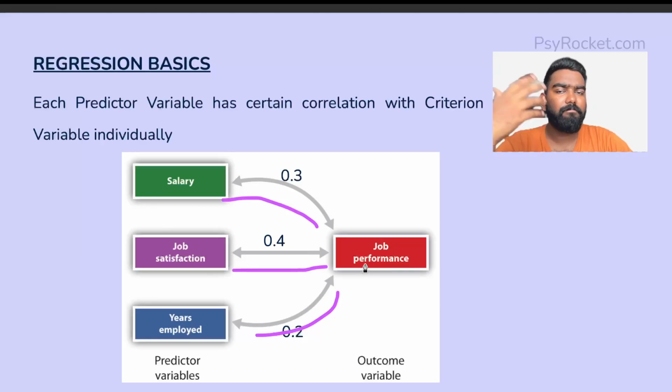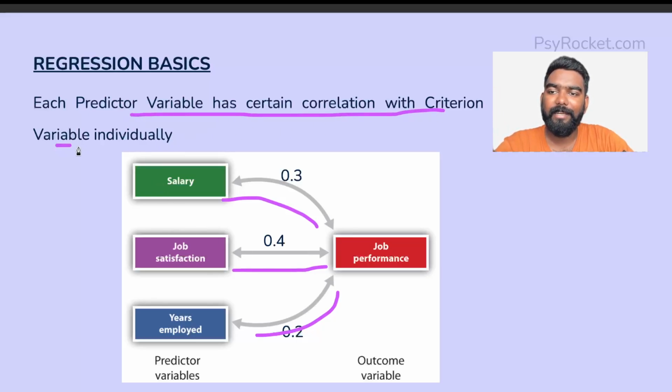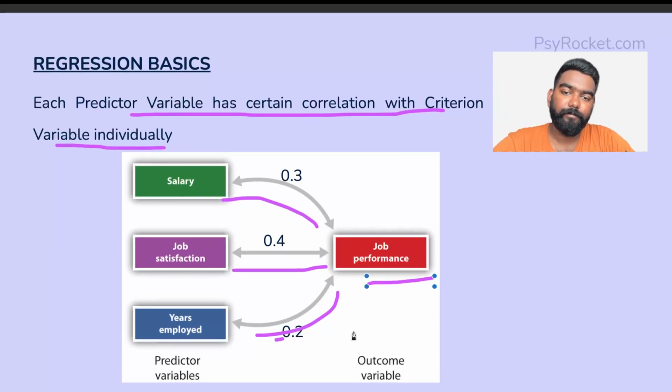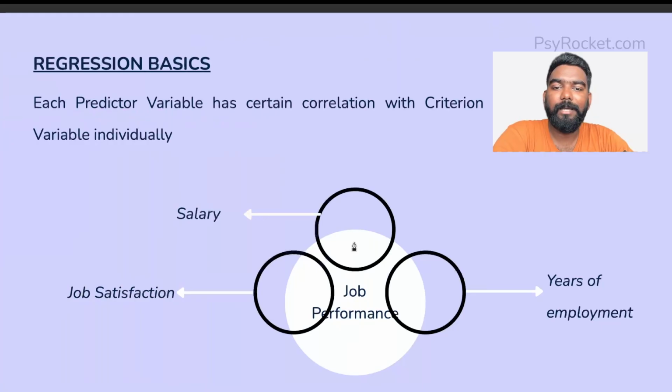The higher the salary, maybe the better the job performance will be. Job satisfaction will also have a positive correlation. Each predictor variable has a certain correlation with the criterion variable individually. These are the basics of regression. And years of employment, maybe it is negative. The more years a person spends in a job, he might get bored. So maybe it has a weak negative correlation with job performance. So it will look something like this.